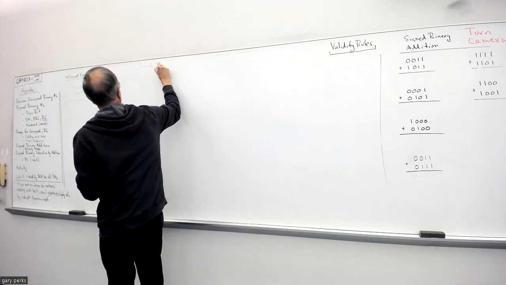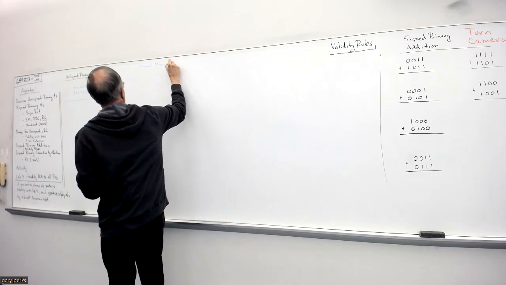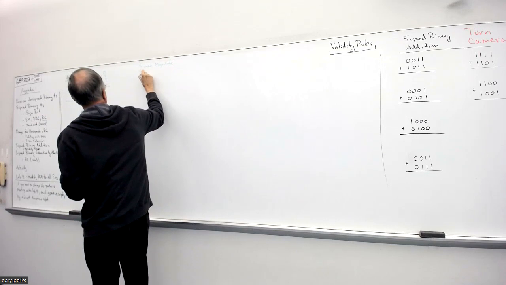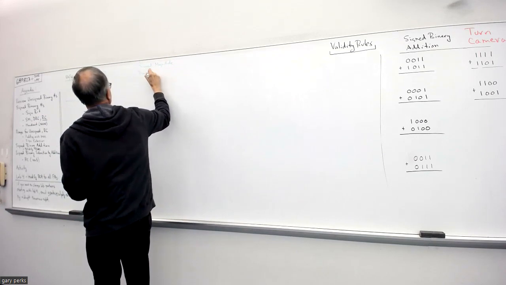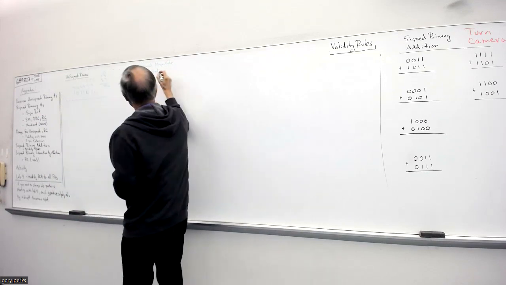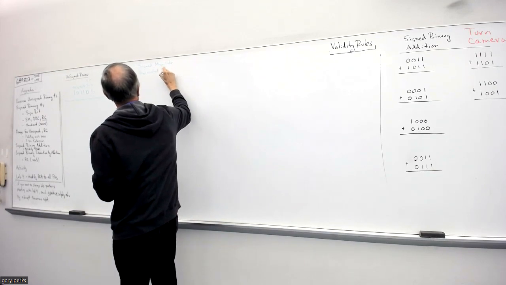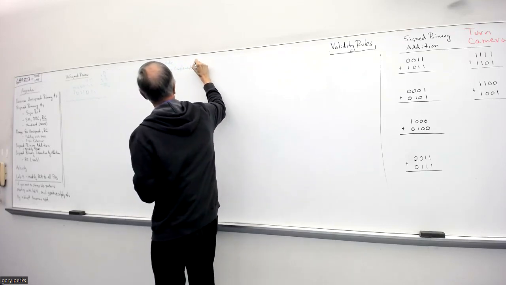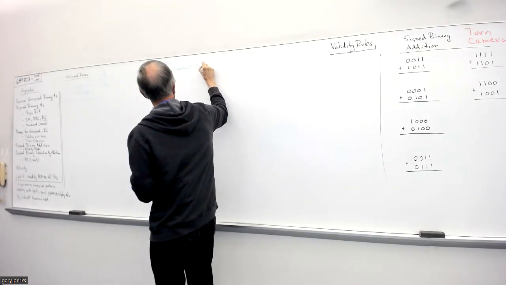Then there's DRC, which stands for diminished radix complement, which is the same as one's complement.